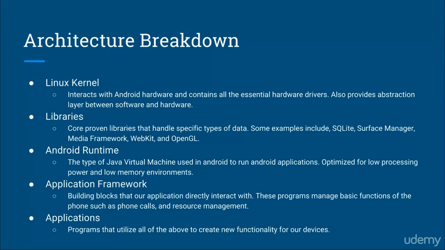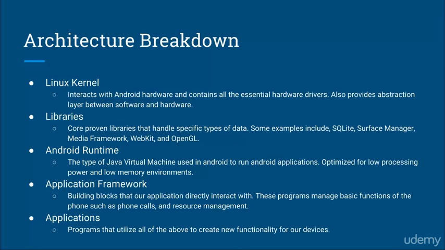Our Linux kernel interacts with the Android hardware and contains all the essential hardware drivers. It also provides an abstraction layer between software and hardware. So this is the very basis of Android, right? It's kind of, as it says, the kernel, the nucleus of Android. This is what everything else is built off of.